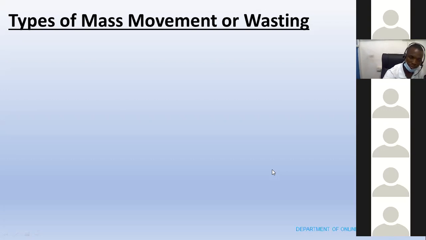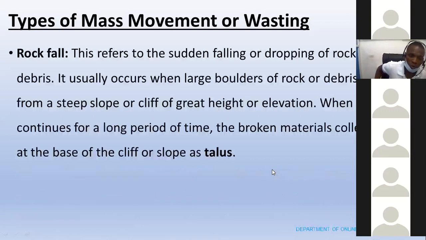All right, let's look at the rockfall as a type of mass movement or mass wasting. The rockfall basically refers to the sudden falling or dropping of rocks or rock debris. Now, how does it occur?